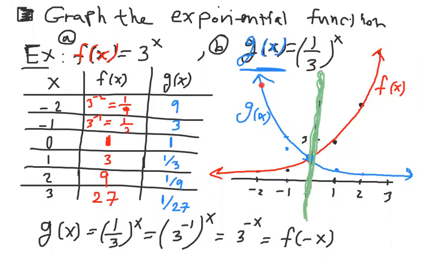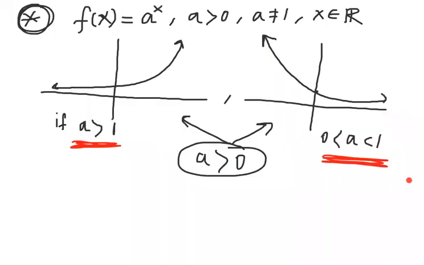So it's reflected around the y-axis. That's why it looks like that. So again, this is the general rule. Any question? Is it clear for all?